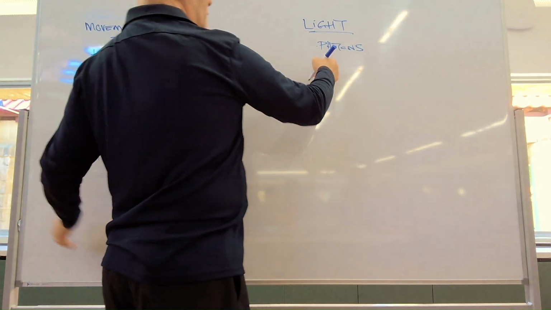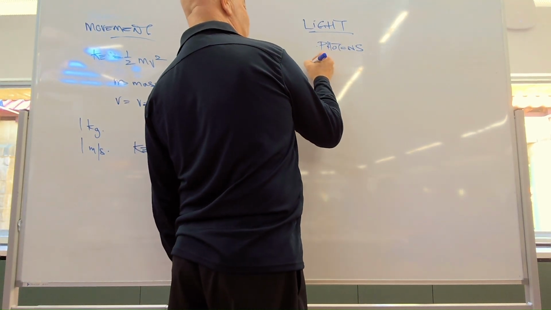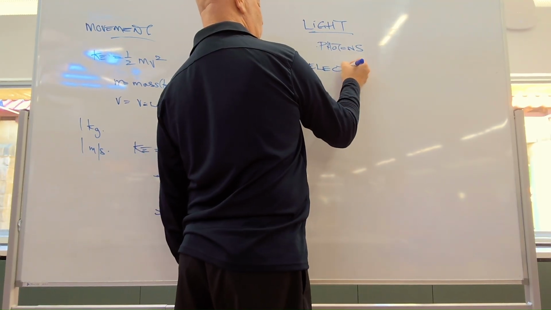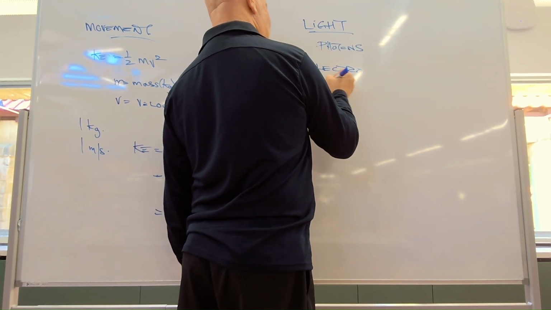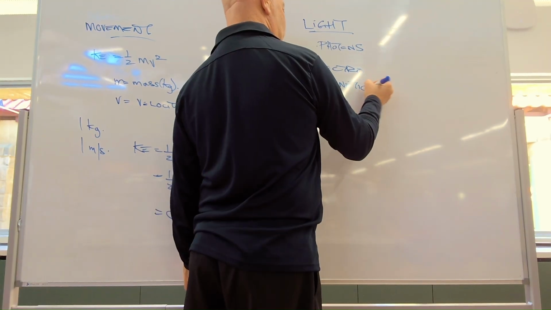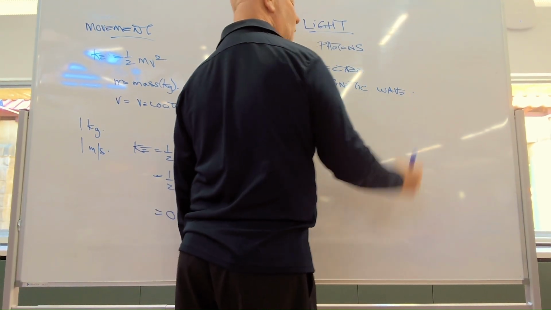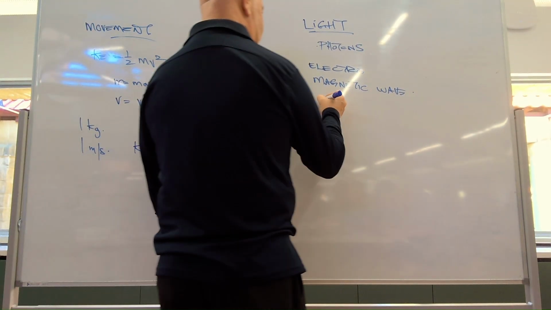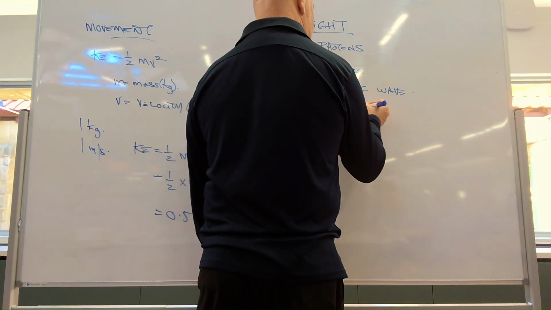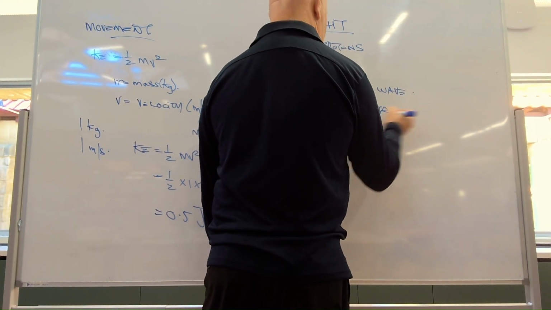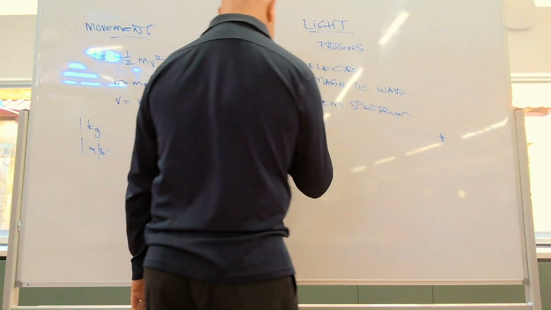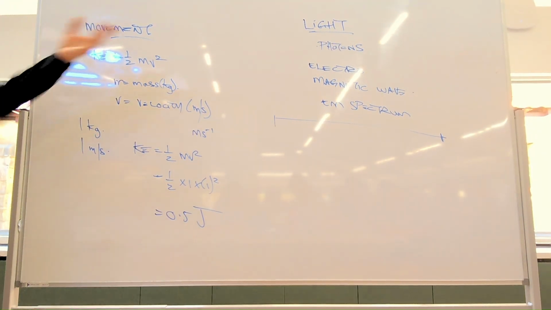But it's also a wave because it's an electromagnetic wave, or what we call the EM spectrum. So there's the EM spectrum, which sends out a whole lot of wavelengths.